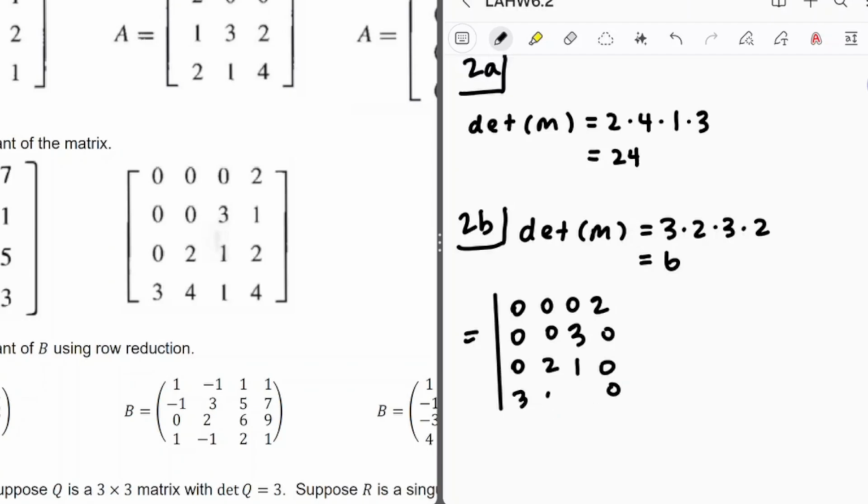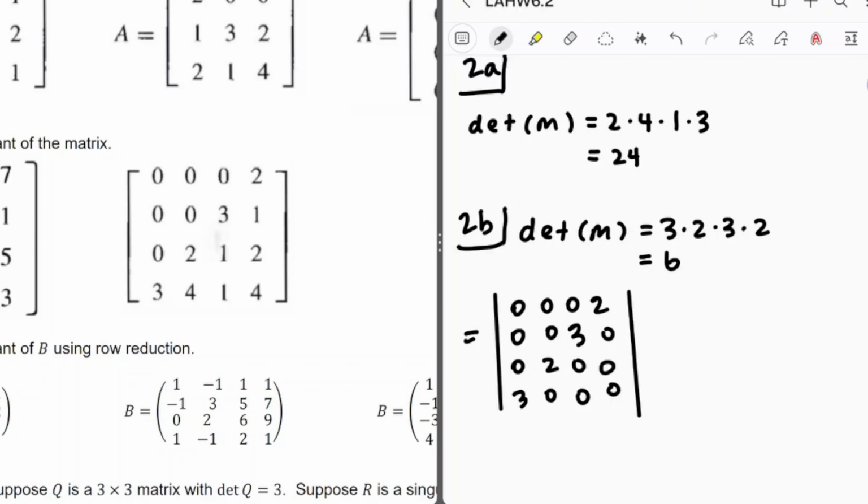So 3, 4, 1. This is also the same determinant if I subtract a third of row 2 from both row 3 and row 4, as in turn those into 0. It's still got the same determinant. And then apply the same process here, still got the same determinant.